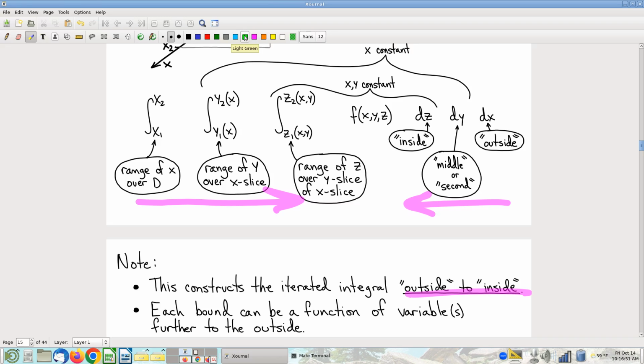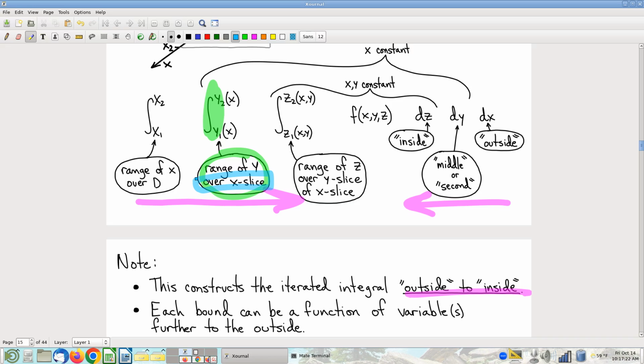Note further, when we look at the range of values of y, these y bounds are relevant to what's happening on an X slice. We've already done our X slicing by the time we get into this second slice. So the bounds need to know what value of X you're looking at.